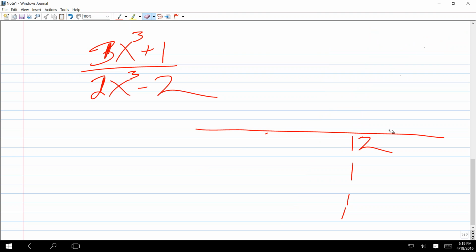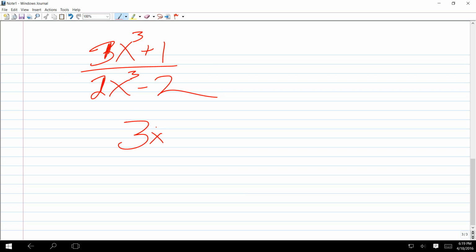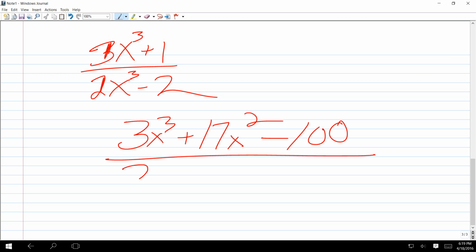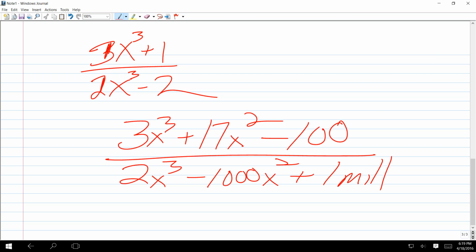In other words, if I have 3x cubed plus 17x squared minus 100, all divided by 2x cubed minus 1000x squared plus 1,000,000, the only thing that matters for horizontal asymptotes are these 2 terms.